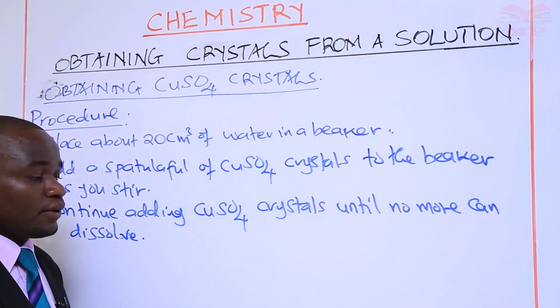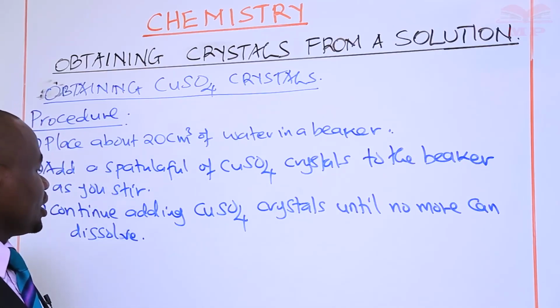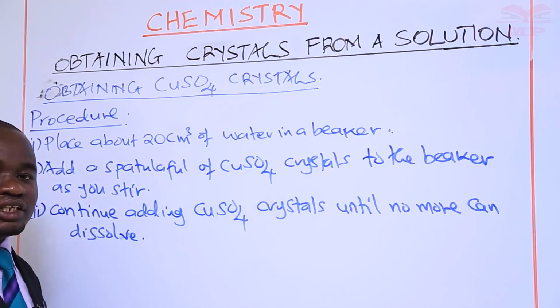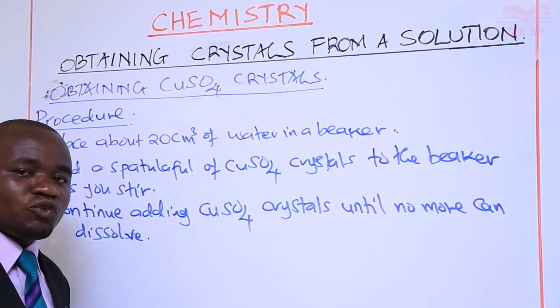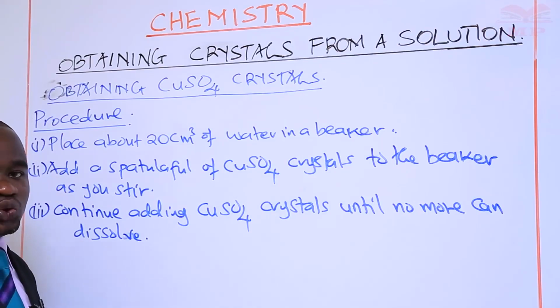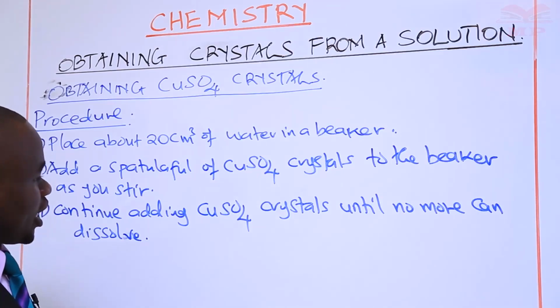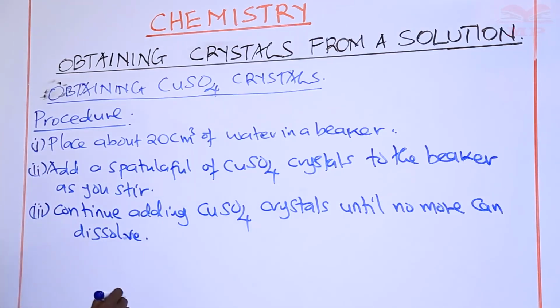So the point at which no more crystals are able to dissolve, we are saying that solution has reached a point of saturation. Such a solution, you're going to call a saturated solution, one in which no more solute can dissolve.